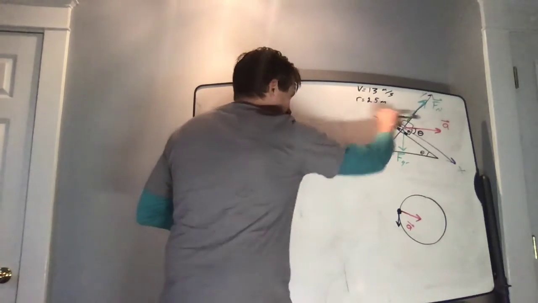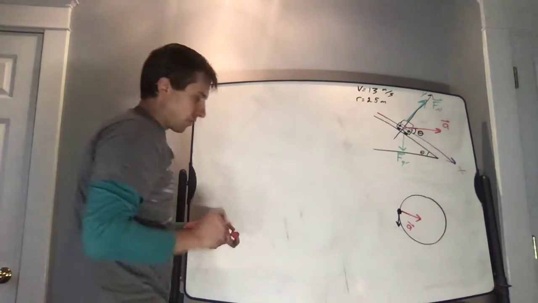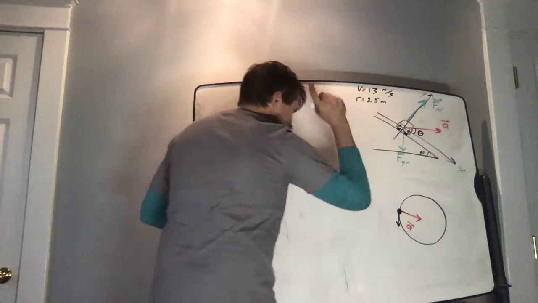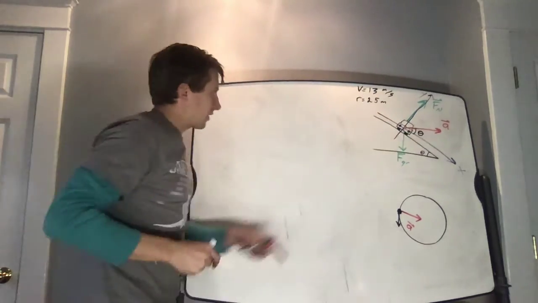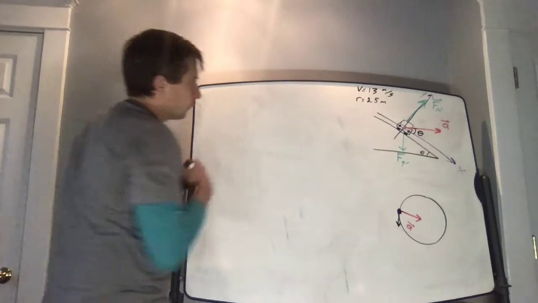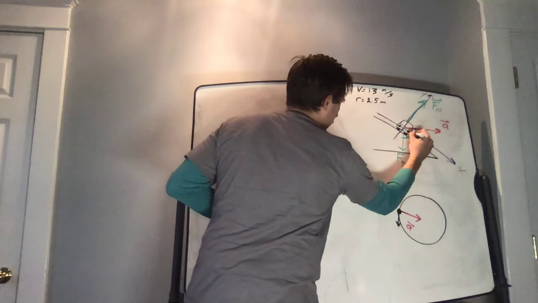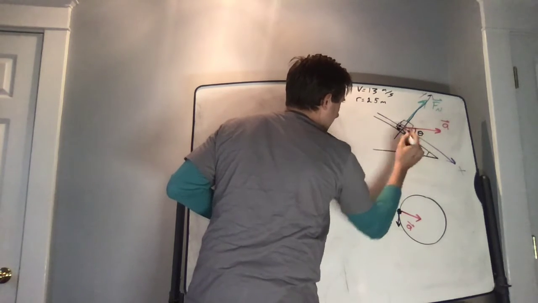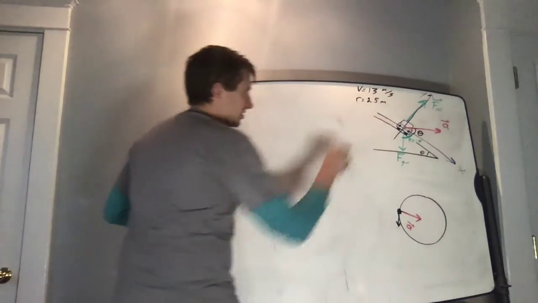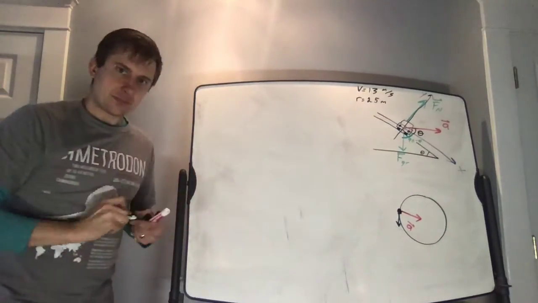If the acceleration is horizontally towards the center of the circle and gravity points straight down, then the angle between the acceleration vector and the force of gravity must be 90 degrees. Therefore, this angle between the x-axis and the force of gravity must be 90 minus theta, because these two angles have to add up to 90 degrees.